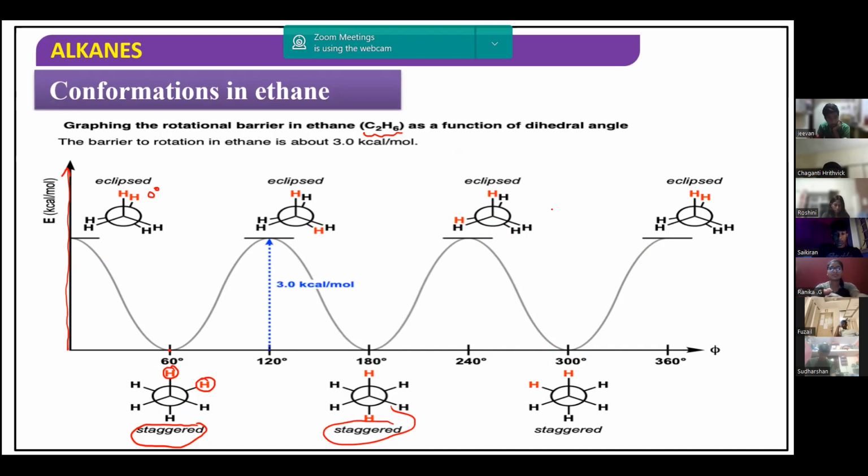This is how you can say: the lower the energy, the more the stability. So the staggered conformation has the lowest energy here. Therefore, maximum stability is observed for staggered conformations.